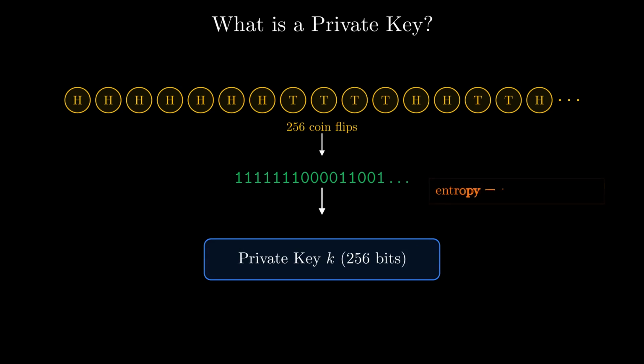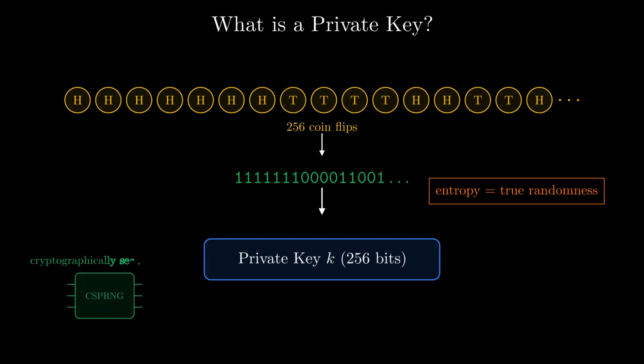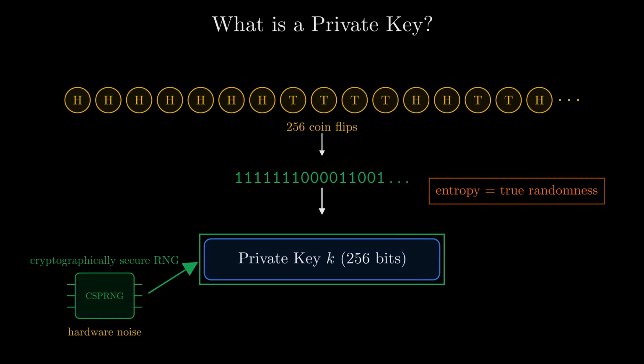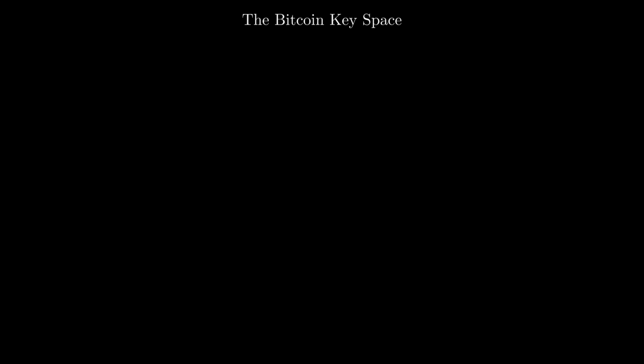The technical word is entropy, genuine unpredictability. Real wallets don't use coin flips. They use cryptographically secure random number generators called CSPRNGs, which pull entropy from hardware noise to guarantee no one can guess your key.